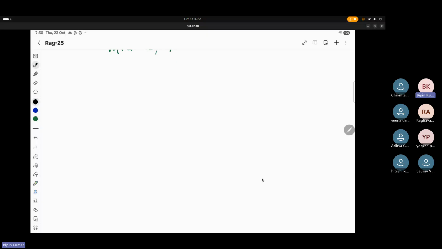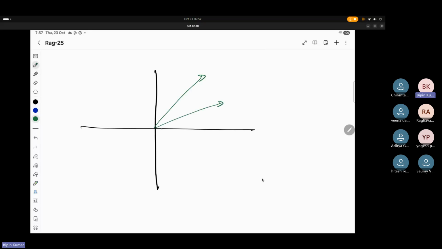Let's say I take some vectors. Let's say these are two vectors, maybe a and b. Let's say a is this is 1 and this is 2, and for the other this is 1 and this is, let's say, 0.5.